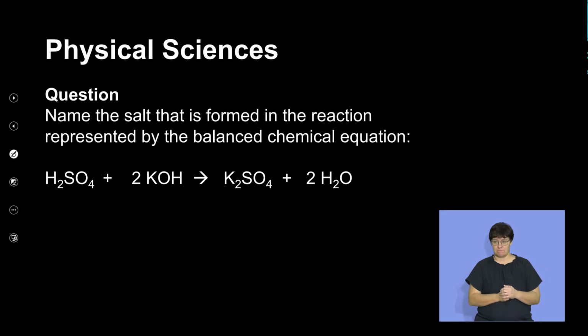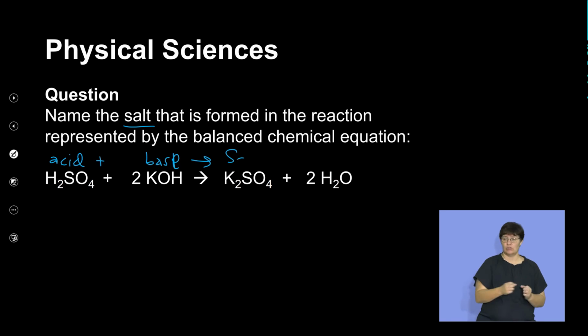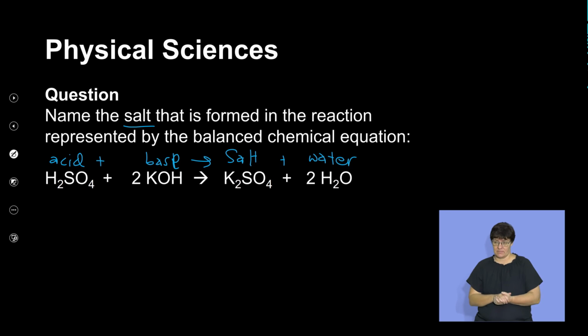The last question says, name the salt that is formed in the reaction represented by the balanced chemical equation. So we said it's acid plus base, strong acid plus strong base, to give us a salt and water, okay?